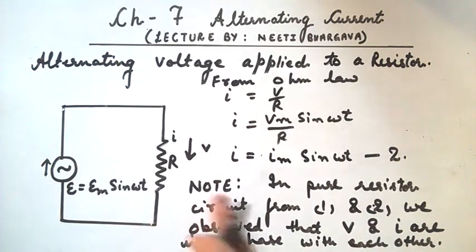That is, they reach the maximum, minimum and zero value at the same time and are in the same phase.